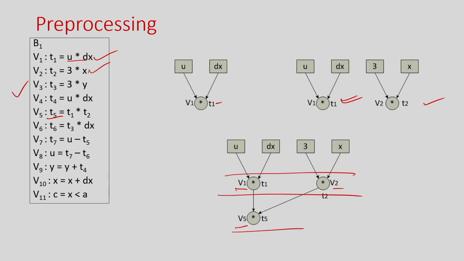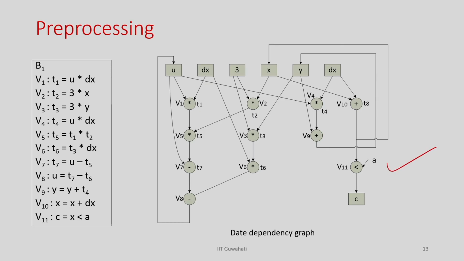So, if you make a node for each operation, and whenever there is a data dependency, that means if there is a variable defined here and it is getting used here, then I will add an edge from this node to this node, right. Similarly, T2 is defined here, it is getting used here. So, I am going to add an edge between these two. If we keep doing this, then I will get this data dependency.